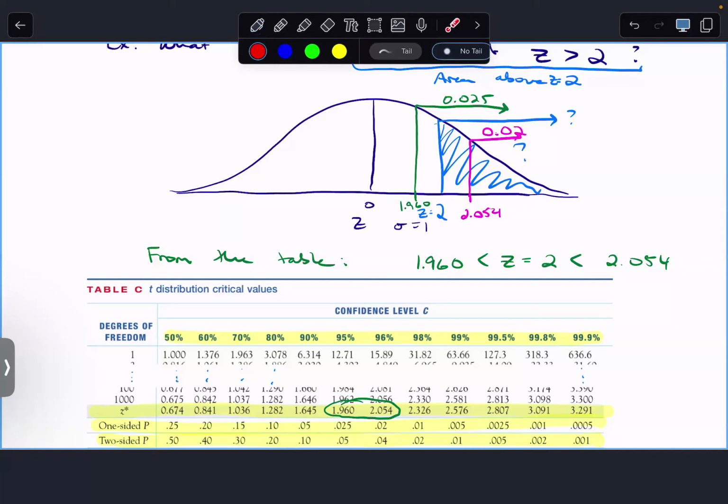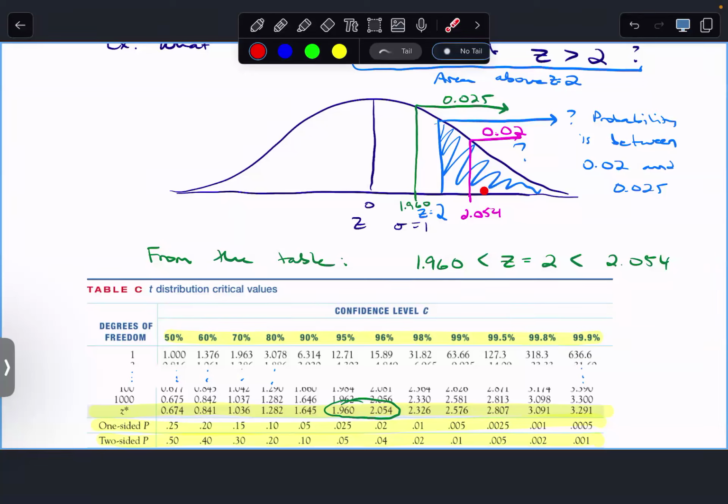But this probability is between 0.02 and 0.025. You want to be really careful that you read the smaller one first and then the bigger one, which is kind of reading right to left, which we're not used to.